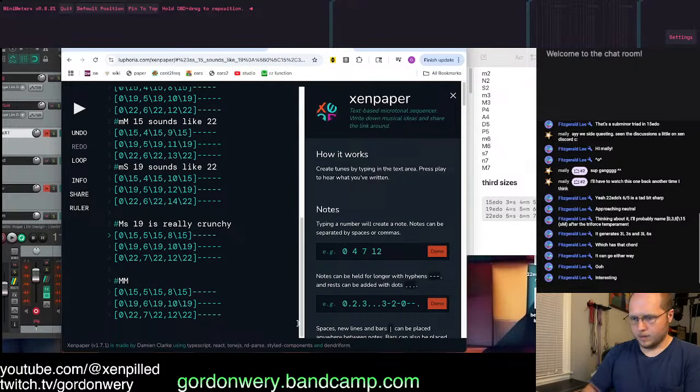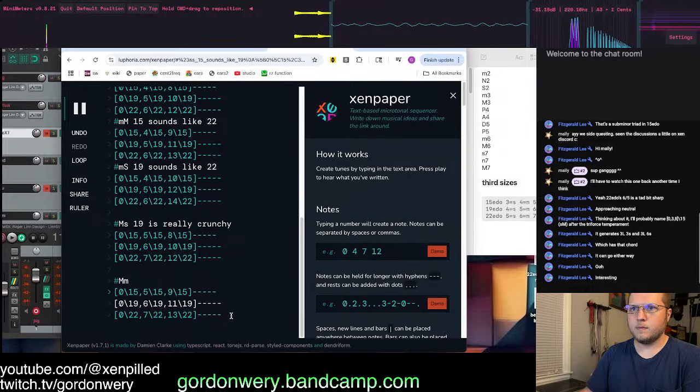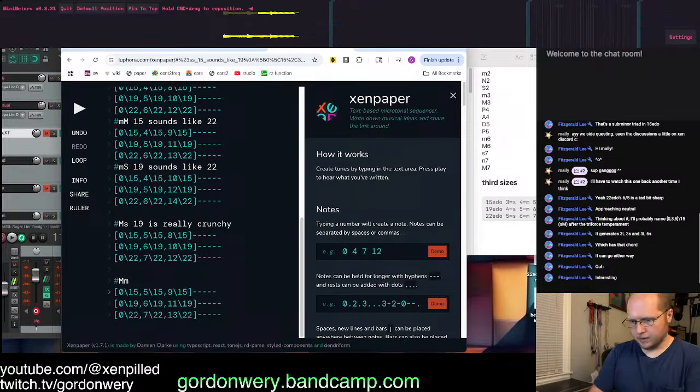All right. This is wrong. I should do this. Major, minor. So this is just a major chord. And expectedly, 15 sounds like 22 in this.